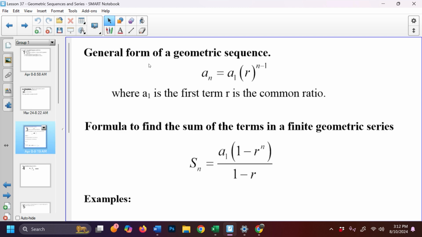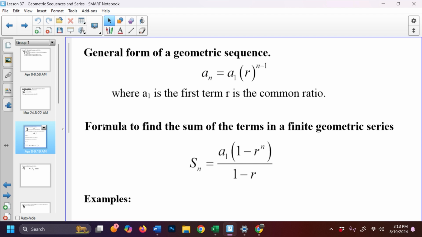The general form of a geometric sequence, where a sub 1 is the first term and r is the common ratio, is a sub n, the nth term. And again, this is an explicit form of the formula for a geometric sequence, like y equals a b to the x.